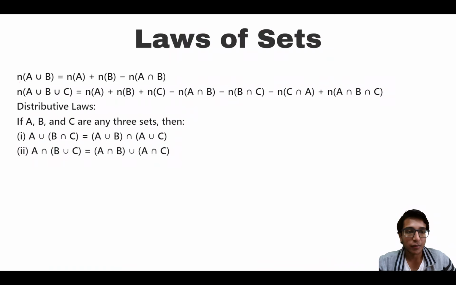So here, the number of elements in A union B would be equal to n(A) plus n(B) minus n(A intersection B). Now you must be thinking, why are we subtracting this? So let's say if this is my set A, this is my set B. First, when I add n(A), this portion gets added. Now when I'm adding n(B), again this portion gets added. That means you can see that the intersection portion is getting added twice. That is why we subtract it once.